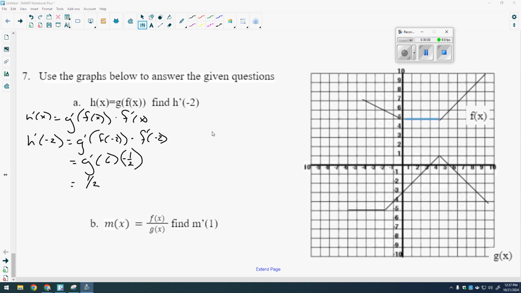Yeah, sorry, my answer key is not right. This is right, at least by my double checking. F of negative 2 looks like it's 6, so that becomes a 6. G prime of 6, we're jumping over here now, looks like a negative 1 times negative half. I like this one, not the answer key. Sorry.